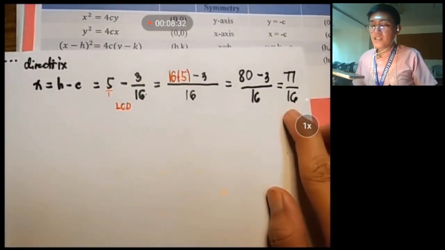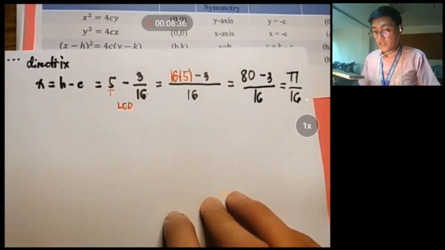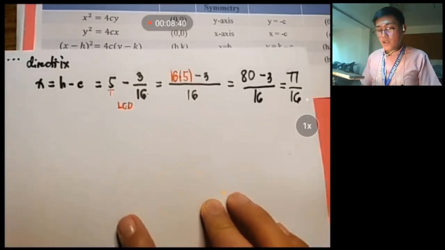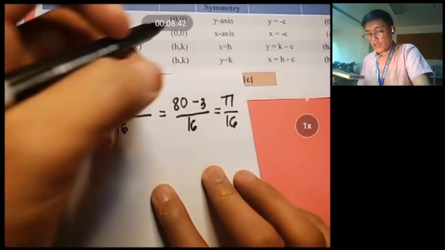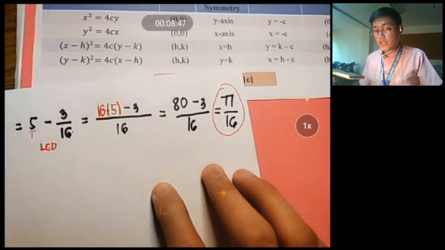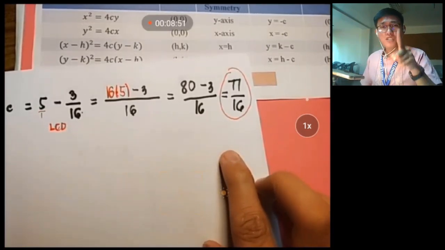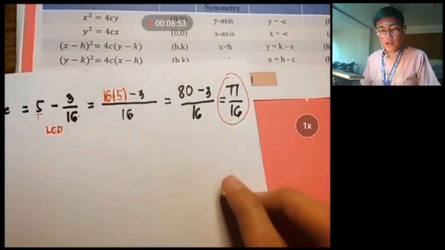So our directrix now is 77 over 16. You can use a calculator to check if we are correct or not. So we now have our equation of the directrix, which is x equals 77 over 16. You can get the approximate value of that using your calculator, just round off to 2 decimal places.